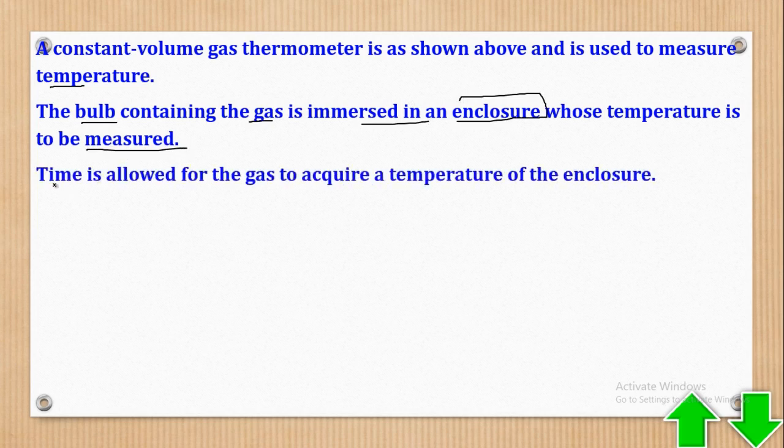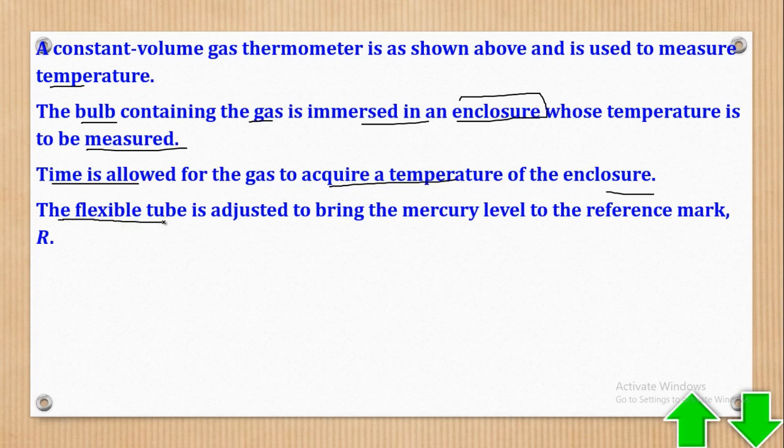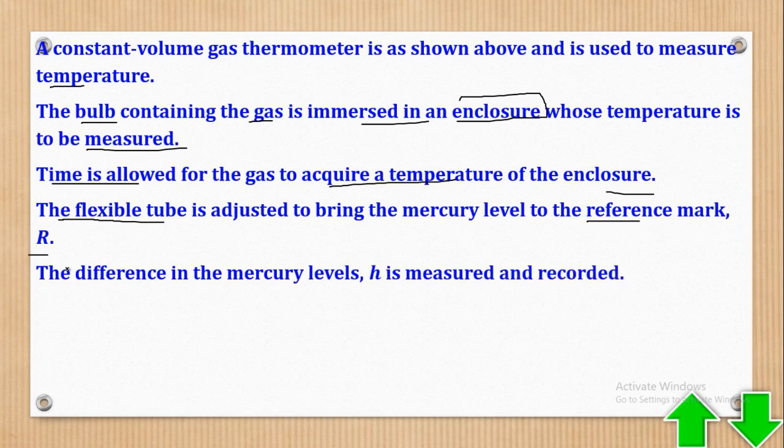After that, time will be allowed for the gas to acquire the temperature of the enclosure. Then when that is done, the flexible tube is adjusted to bring the mercury level to the reference mark R. Then the difference in the mercury levels, which is H, I think you saw it on the diagram, is measured and recorded.